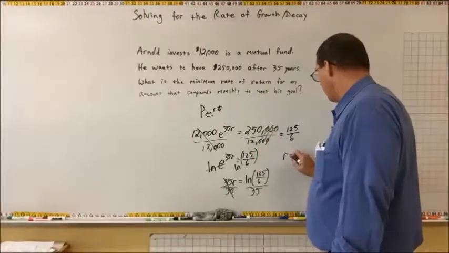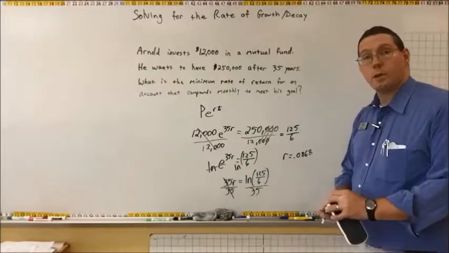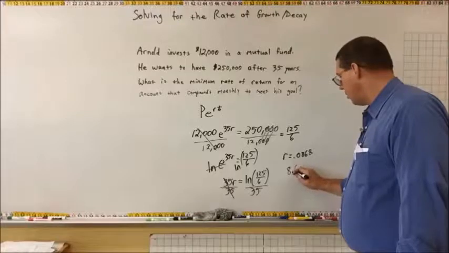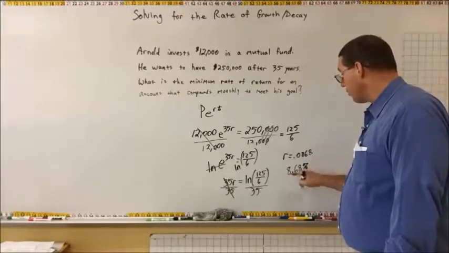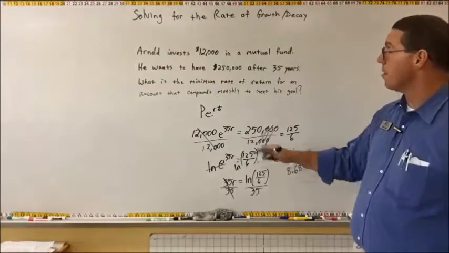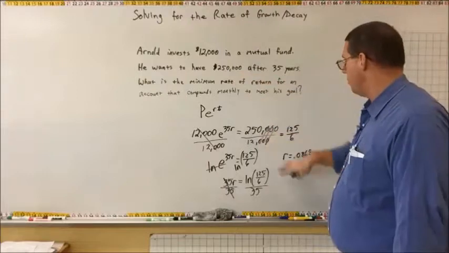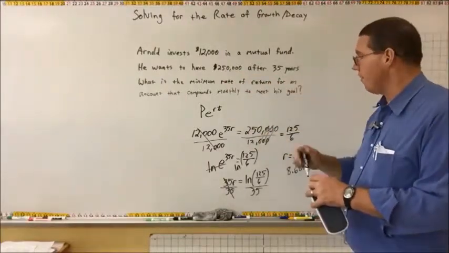So r is equal to 0.0868. And if we turn that into a percentage, move the decimal point over 2 places, we get 8.68%. This is approximately 8.68%. So basically, if Arnold invests $12,000 in a mutual fund at 8.68%, he should get about $250,000 after 35 years.